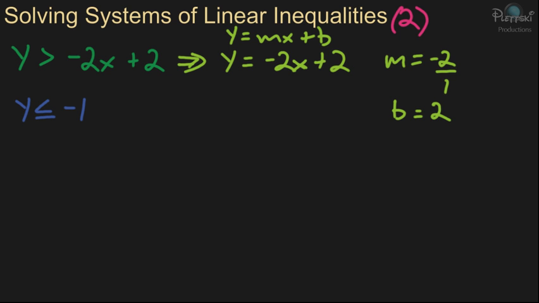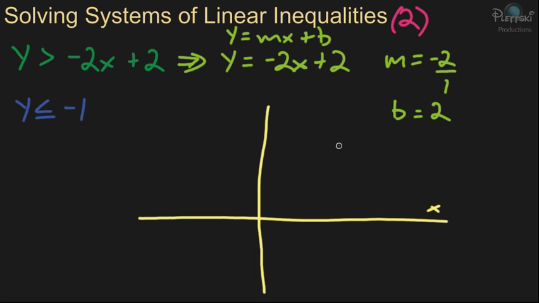Now to graph that one, we'll need our x and our y. So here's the x, there's the y. And we know that this line crosses at 2. So there's 1, there's 2, 3, 4. It's going to cross at 2 right here.